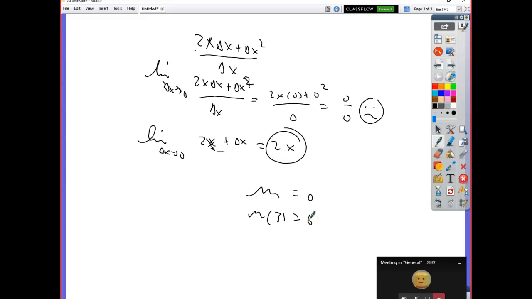What's the slope at 4? 8. Just plug in a 4. You're done. This is the slope for all things on this curve. We've found the slope. We've officially done what we couldn't do before, which is find the slope of a curve.